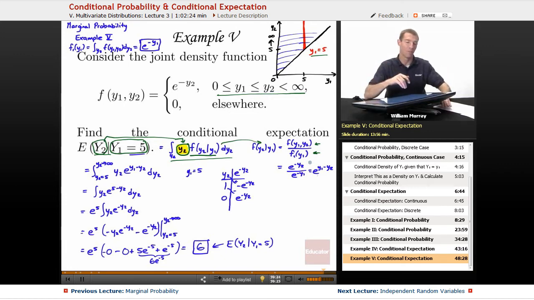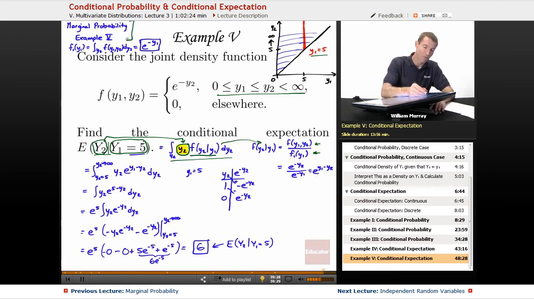We did this problem, or at least that part of this problem, back in example 5 of the previous video. So just go back, scroll back and look at example 5 if you don't remember where that comes from. But the answer for the marginal density function was f1 of y1 is e to the negative y1. Drop that in right here for f1 of y1.